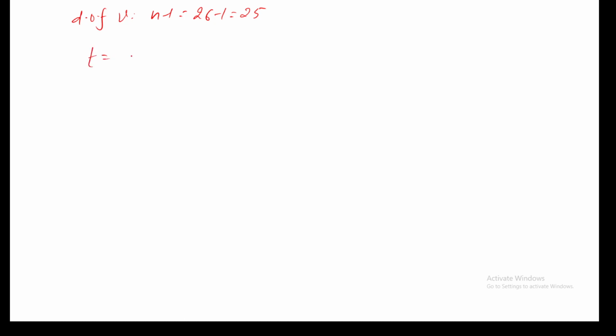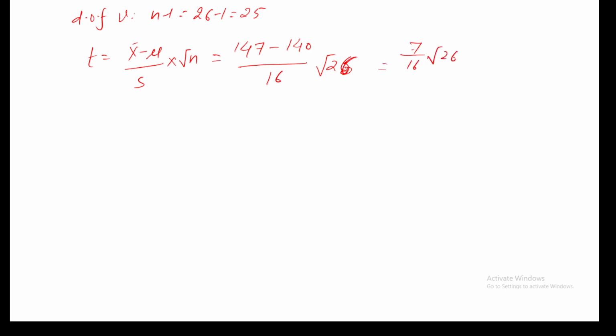T is equal to x bar minus mu upon s into root under n. What is the x bar? 147, mu 140. What is s? 16, and n is 26. Can anyone say what is the value of that? 7 by 16 into root 26. How much came? T is 2.22. 2.22, na?